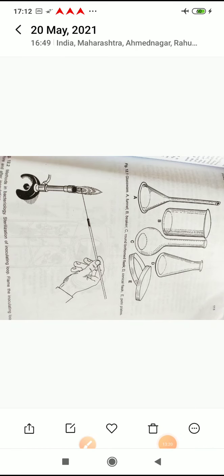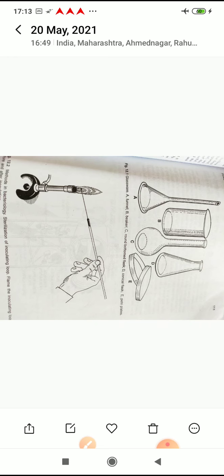So in methods for studying plant diseases, field observation is one of the methods, and what one has to do over there, we have seen, what the pathologist actually has to do in the field, and after that in the laboratory what further investigation should be made, we have seen in brief.